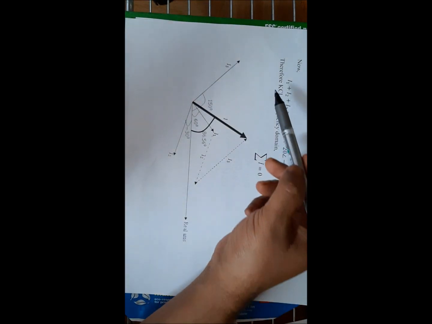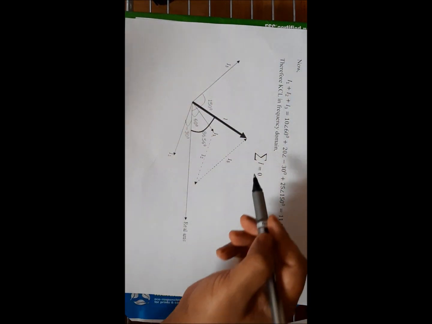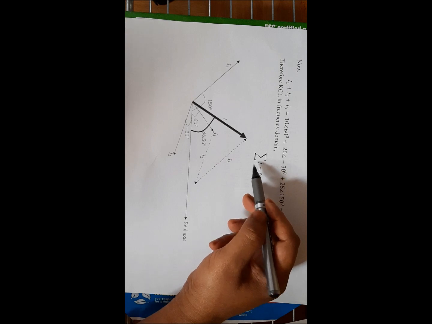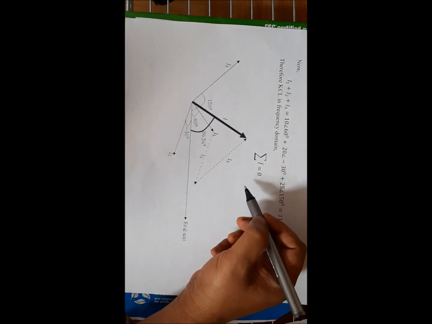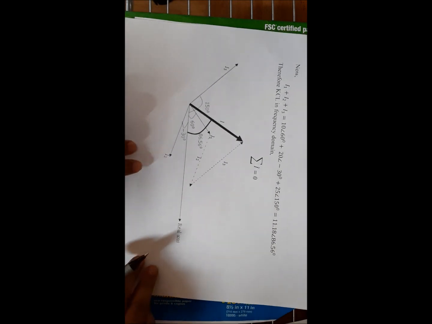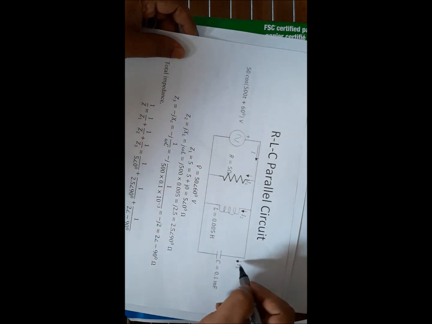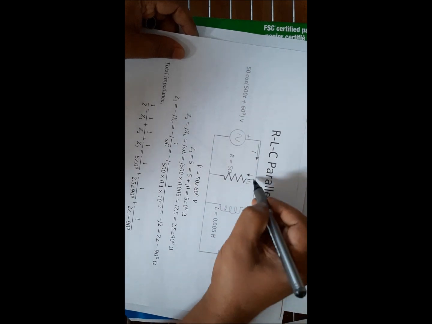So therefore the KCL in frequency domain holds, right? KCL says in any node the incoming current is equal to outgoing current. So here the incoming current is I1 and outgoing currents are I2 and I3.